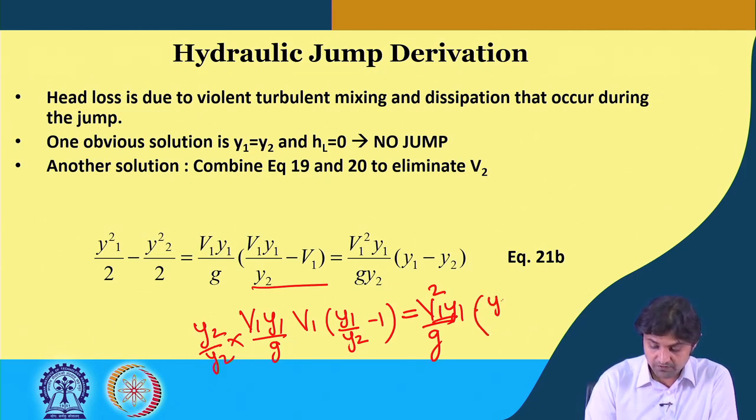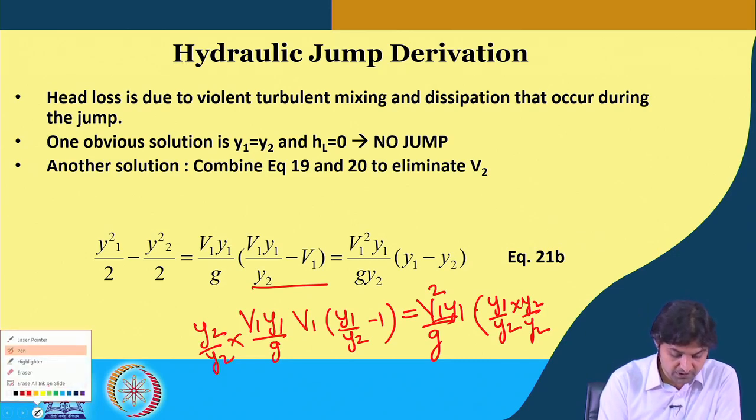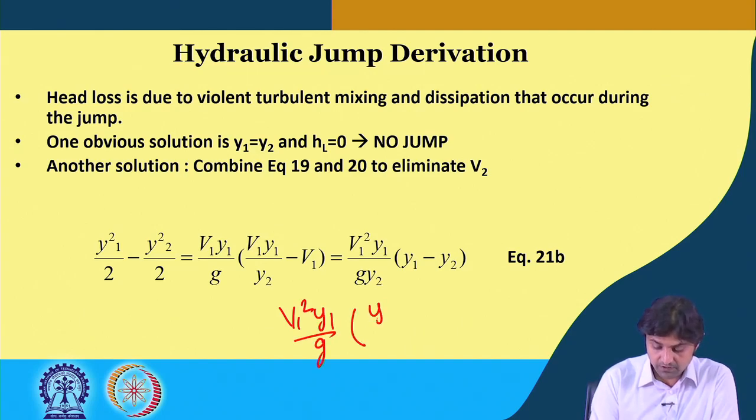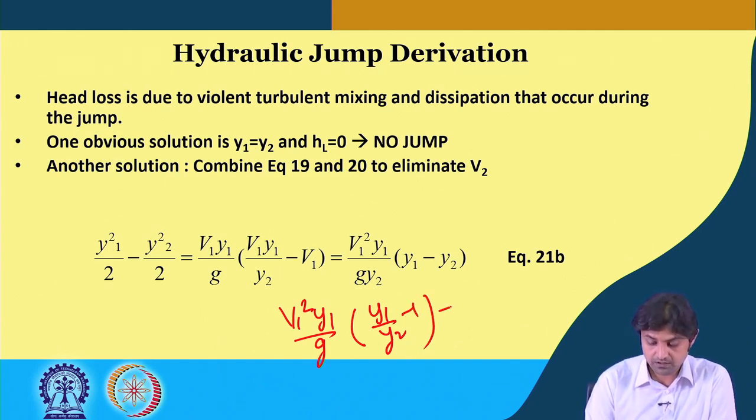Now, okay, we do not multiply. So, this one is okay: V1 square y1 by g by y1 by y2 minus 1. So, we take y2 outside.